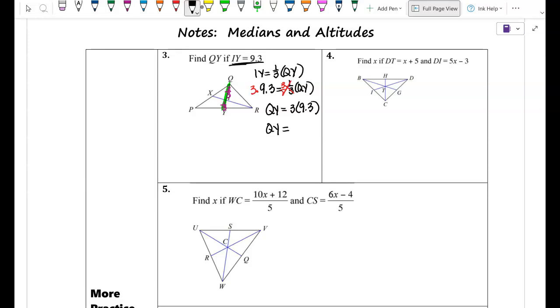What is 3 times 9.3? 27.9. So again, you do have to pay attention. Am I dealing with the 1/3 part of the segment or the 2/3 if they're talking about the entire segment? We are going to get some examples where they don't give us the entire segment and we have to use another idea in solving here.